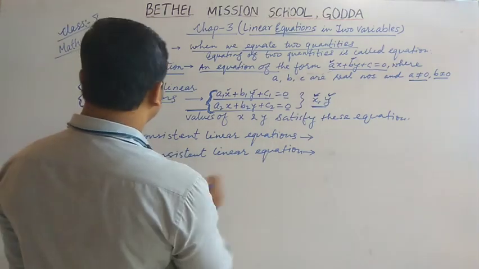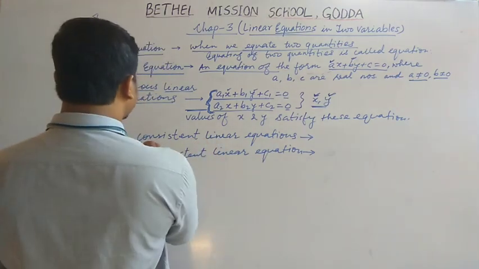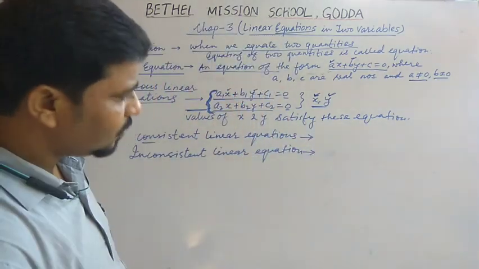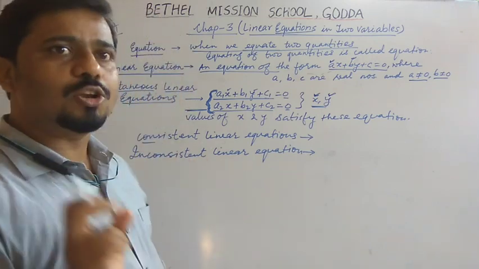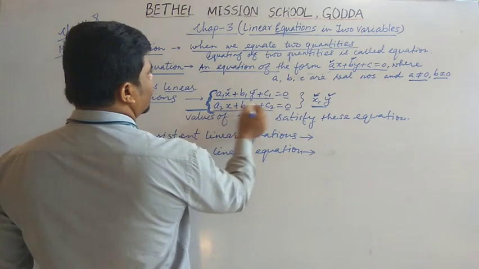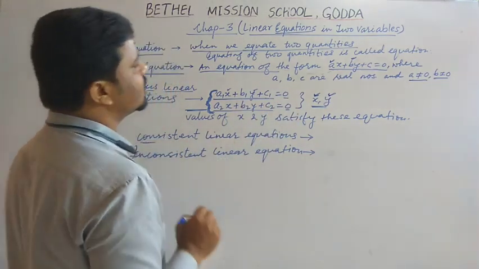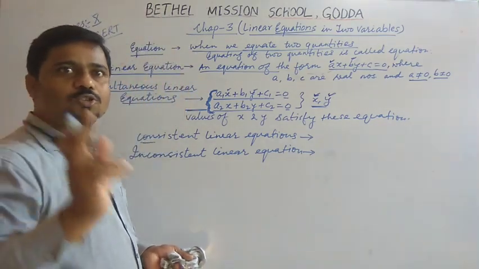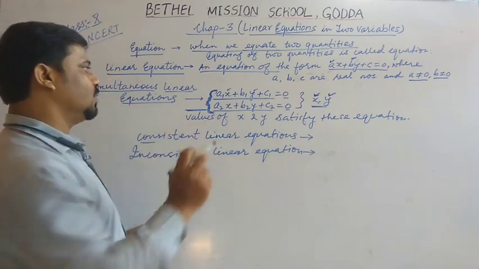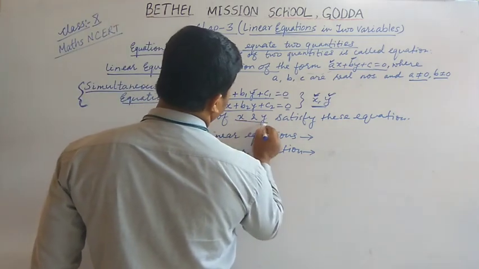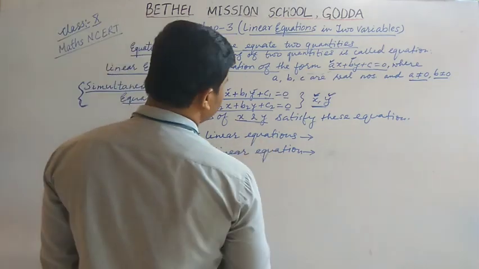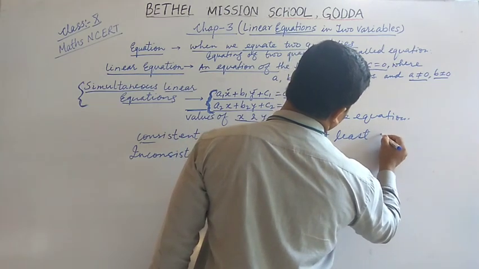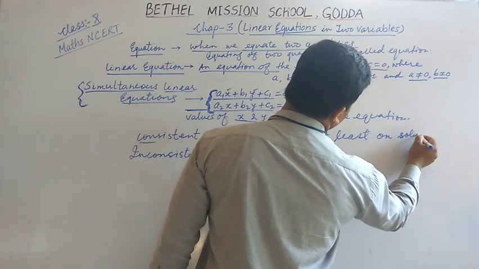What do you mean by consistent and inconsistent linear equations? Consistent linear equations means these two equations should have at least one solution. Means there can be more values, but at least there should be one solution, one value of x and y. Then we will say that is consistent linear equations.